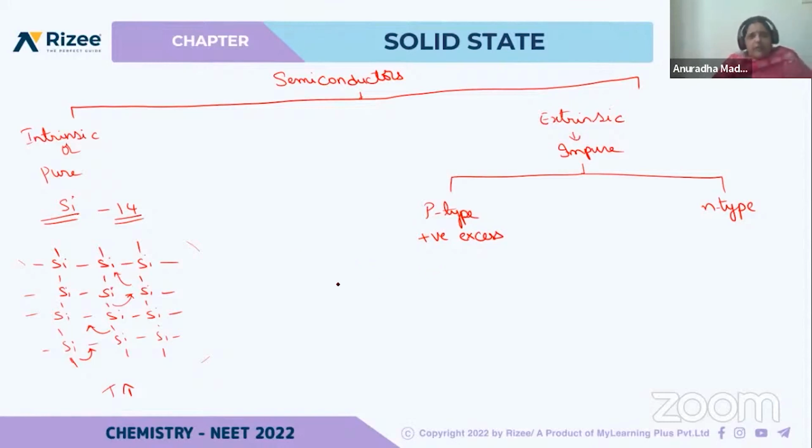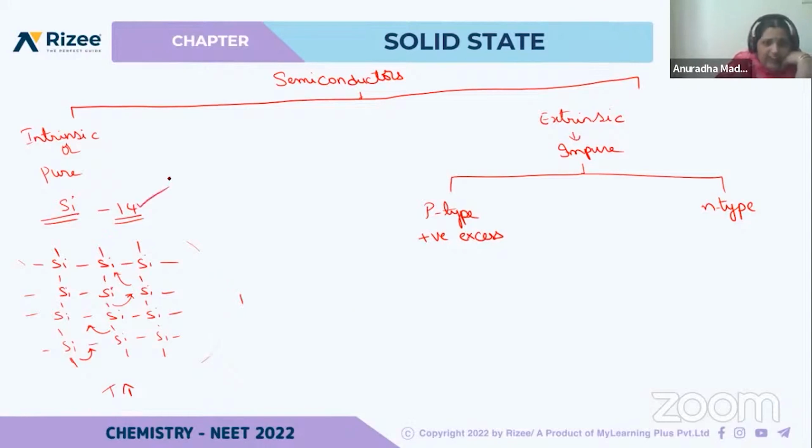Let's take the same example for this one also. If we take the pure silica structure like this, then this is an intrinsic semiconductor. This is group 14.